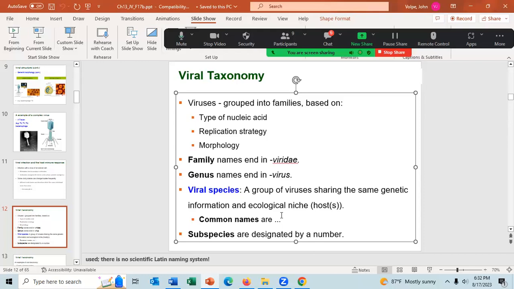And so the common English names are all that are used for naming a virus. Any question about that? Do you guys like knowing that all you need to know for the virus is the common English name? You don't need to know a Latin name. Do you like that? Makes it easier.